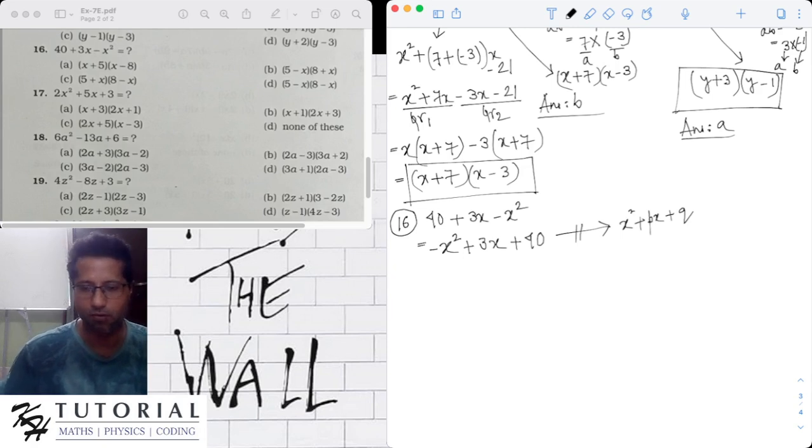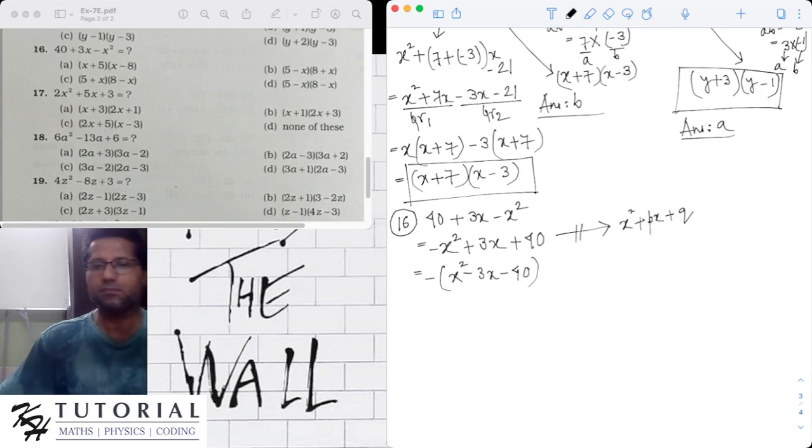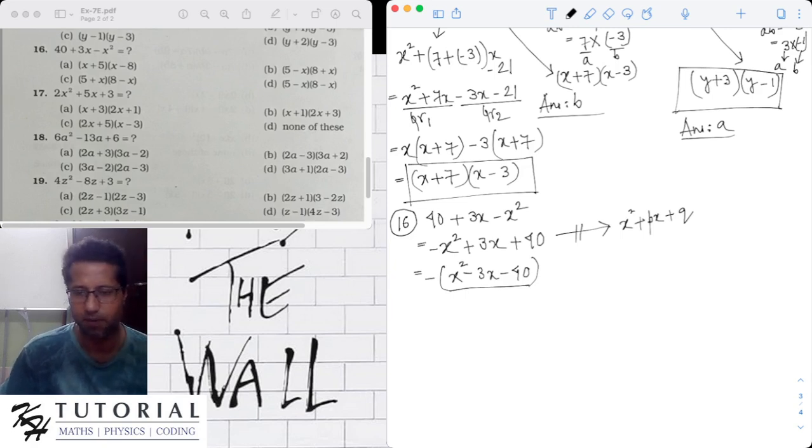So what you can do is take minus 1 common from all the terms, and it will be minus of x square minus 3x minus 40. Then you can factorize this quadratic trinomial, and there will be a minus at the very beginning. Minus 1 will be a factor.